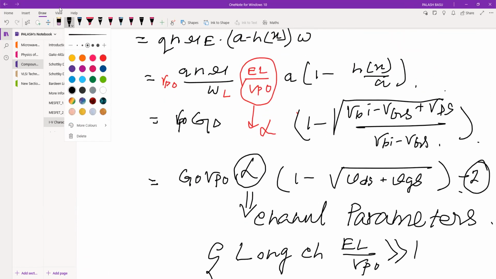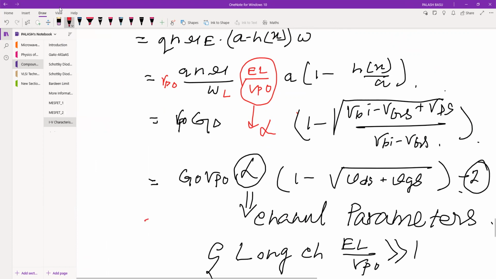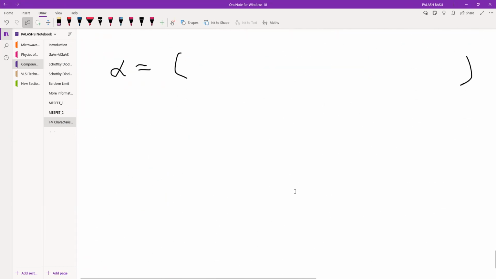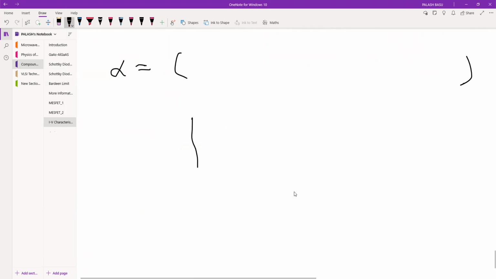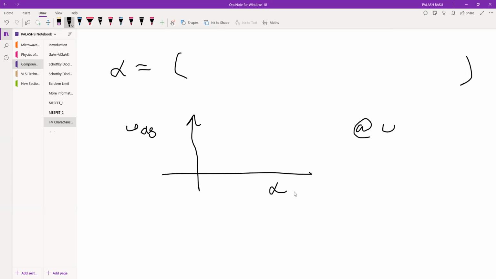And they are trying to plot theoretically the dependency in this manner, UDS into alpha at different UGS. So that is what they want to plot.